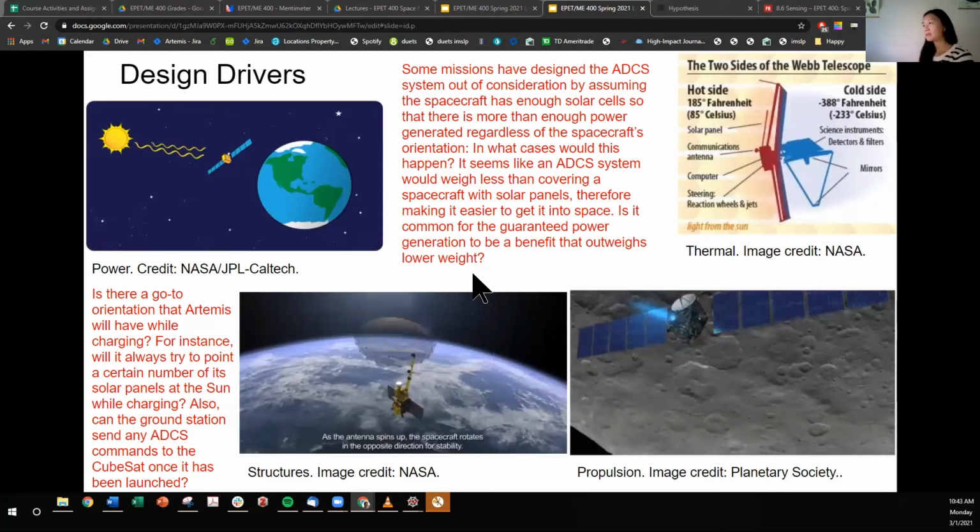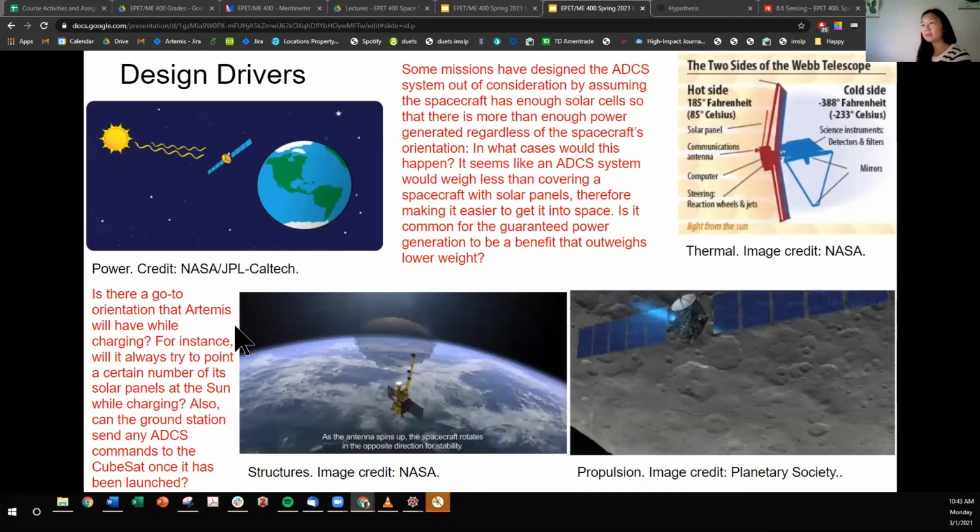At some points, power could be more important than mass. For example, if you have a huge mass budget and you can just willy-nilly add more things, then why not get more power? So I can't say across the board, but think about it as a trade.